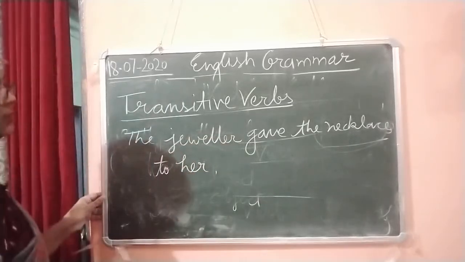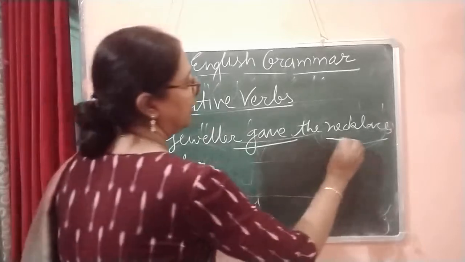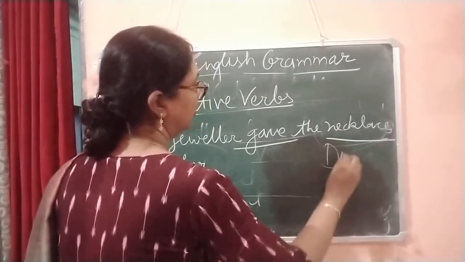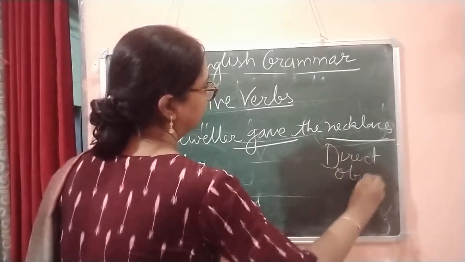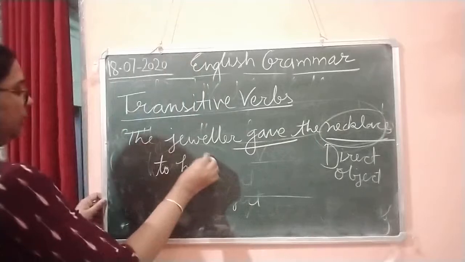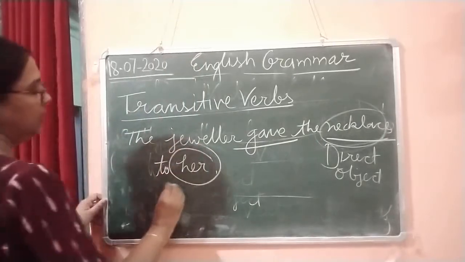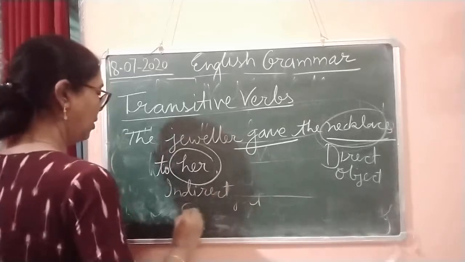Now here you can see gave is a verb, the necklace is the direct object, and to her is the indirect object.